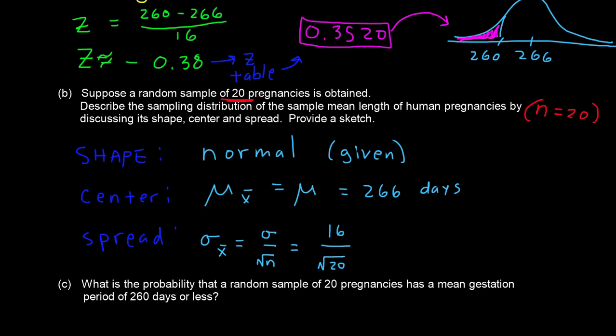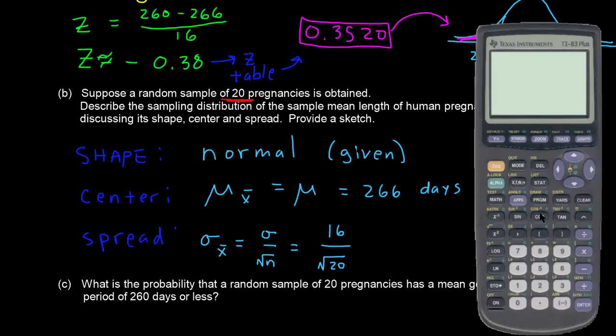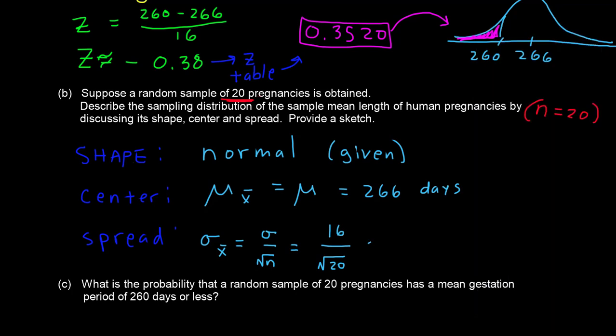So I'm going to get my calculator back out, and we'll do 16 divided by the square root of 20. About 3.5777.